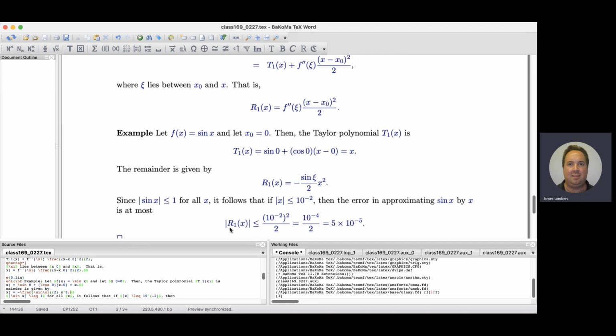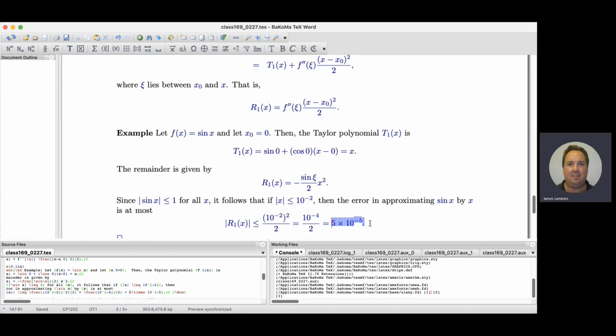That would tell me that the error in approximating sine for x that close to 0 is going to be less than or equal to the upper bound on x squared all over 2. So this is the maximum possible error. So when x is near 0, this approximation of sine x by x is reasonably accurate.